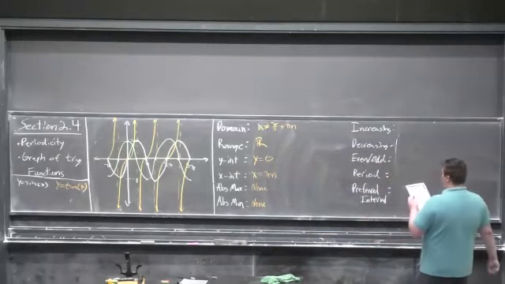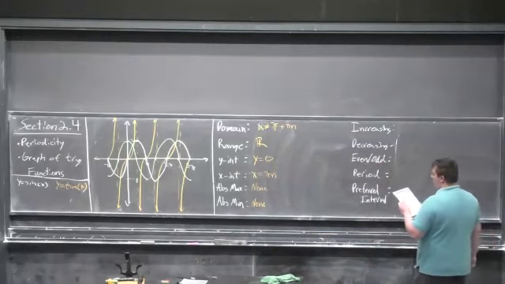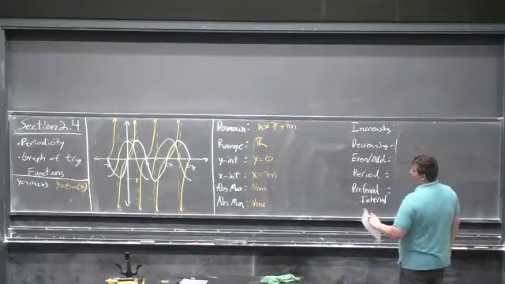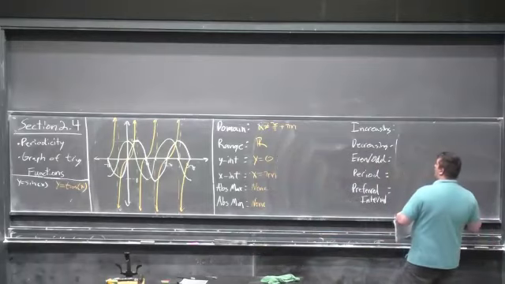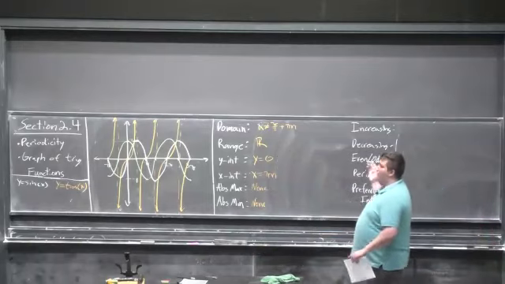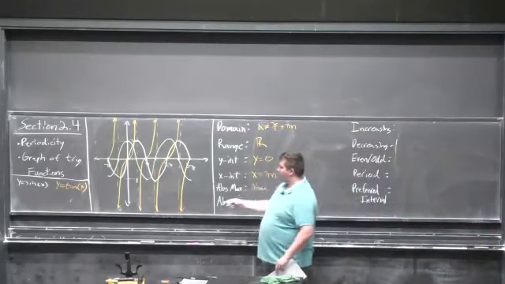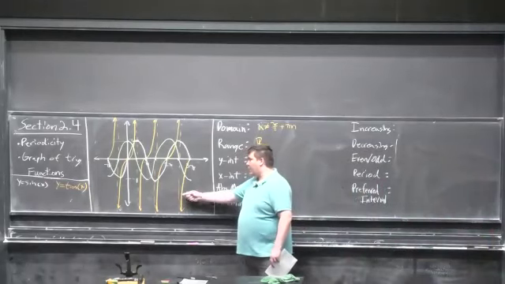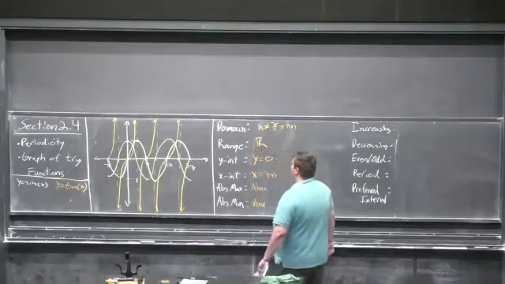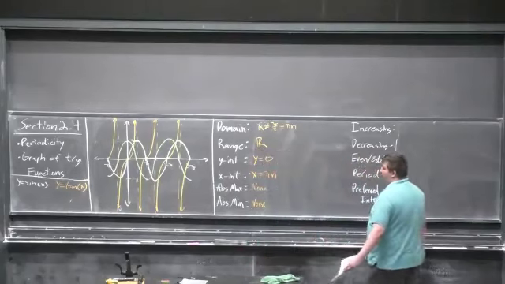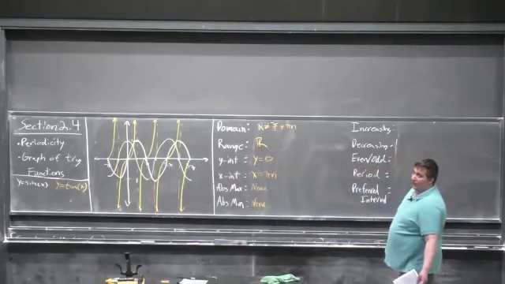Increasing. So where is this function increasing? Well, it's whenever I'm moving up, the y values are getting higher as I move to the right. So I'm increasing everywhere except where I'm not defined.